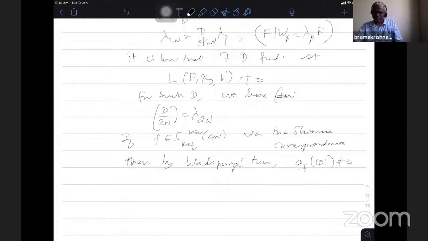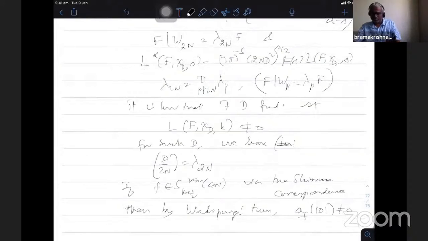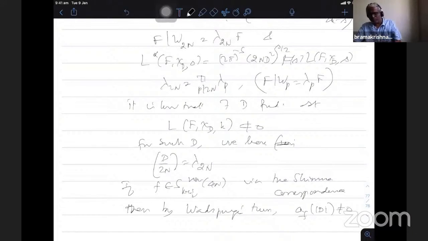The Waldspurger theorem tells you that the square of the Dth coefficient is proportional to the special value of the L function. The non-vanishing of the L function gives you the non-vanishing of the Dth Fourier coefficient.